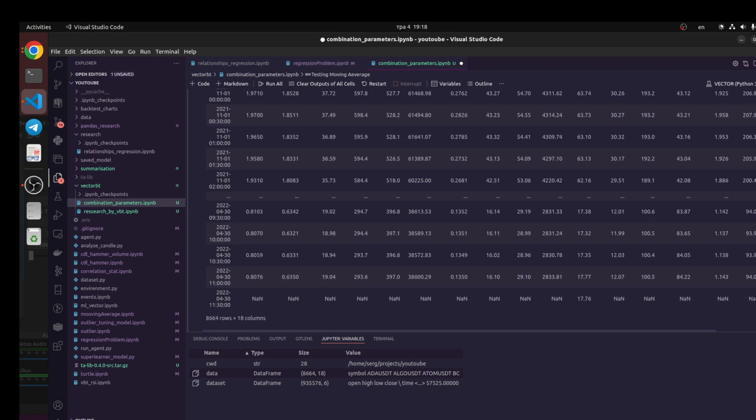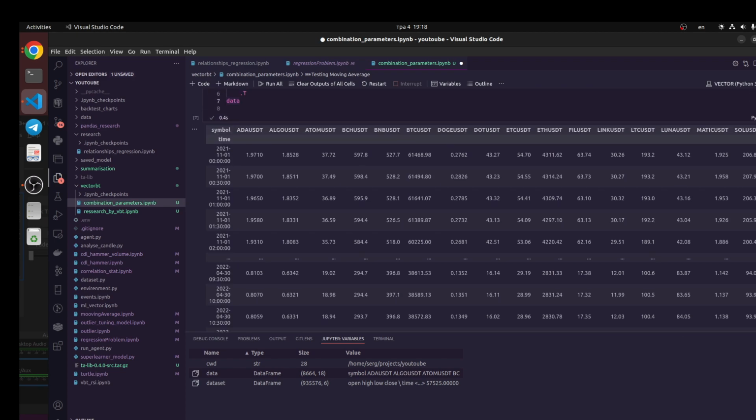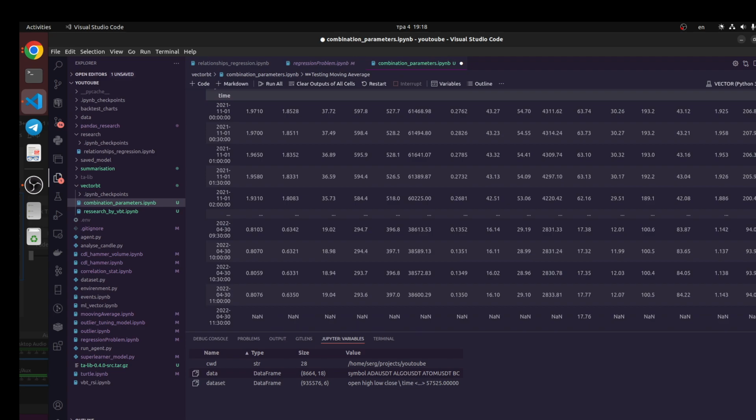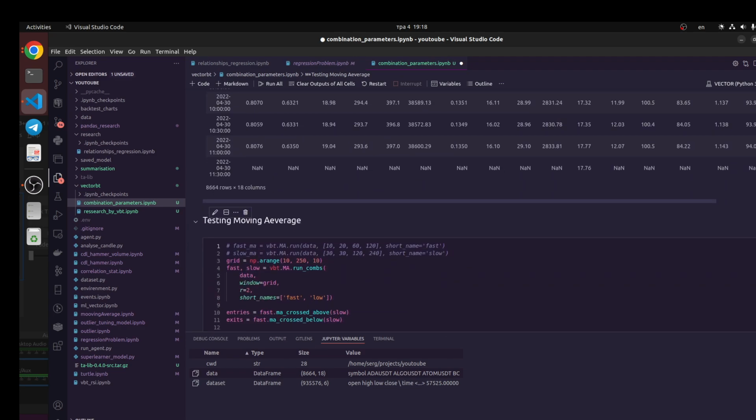Let's do some research and find the best parameters for each of these tickers with multiple combinations. It's a very nice practice. Let me show you some tricks.